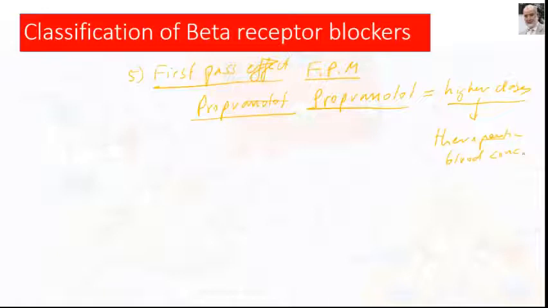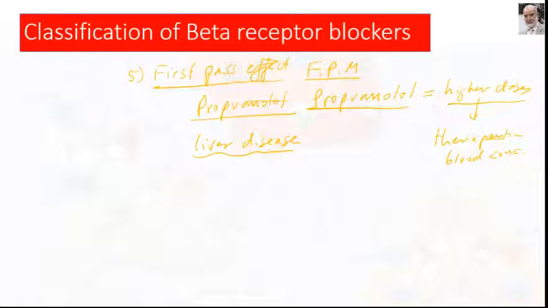This is dangerous in people with liver diseases, because they cannot metabolize the drug. So all the dose taken orally will reach the general circulation in higher concentration and can produce toxicity. Therefore, the propranolol dose should be reduced in cases of liver disease.